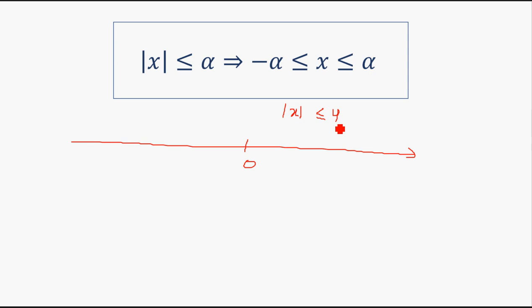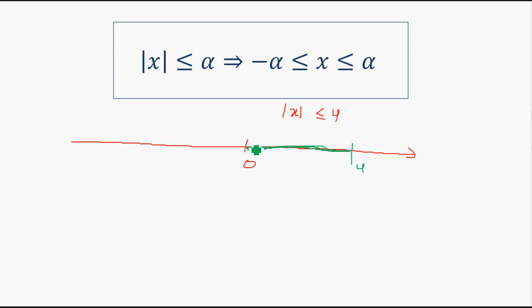I am saying there is a number x for which the absolute value is less than 4. So how many numbers will that be? So basically it covers all numbers up to 4 here. So it may be 4, it may be 3.9, it may be any number from 4 to 0. So all the numbers in this zone will come.